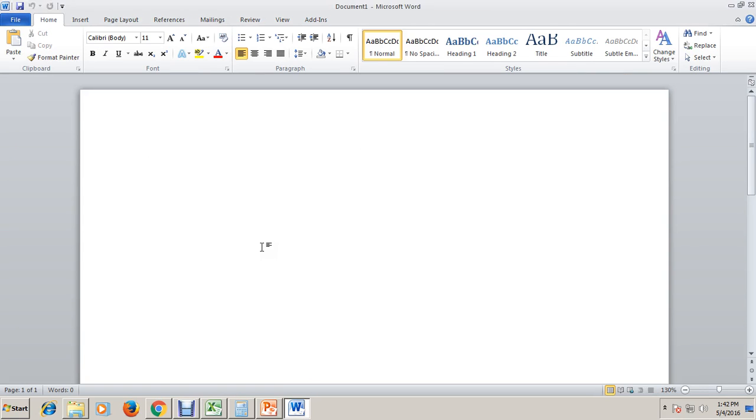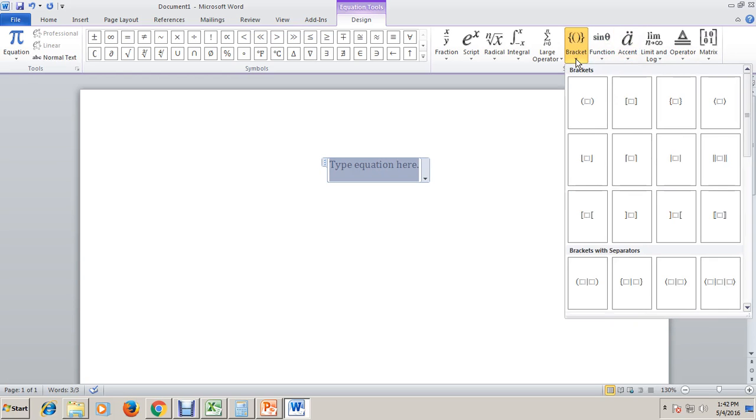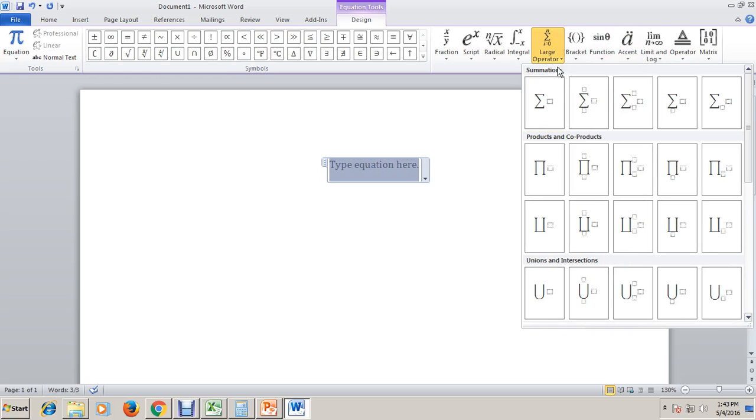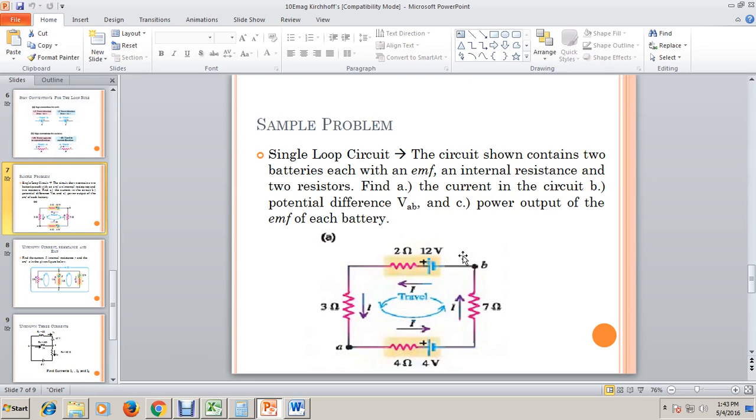So in our construction, the sum of all voltages should be equal to 0. You will be constructing your working equation based on the given diagram, starting with the 12-volt battery.